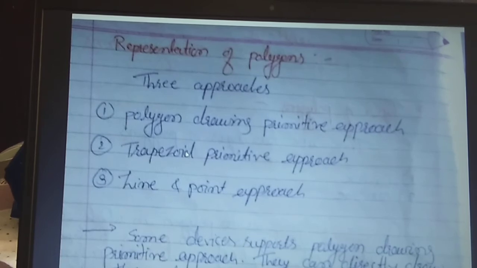Now some graphics devices provide trapezoid primitives. Trapezoid primitives means polygons are imaged or drawn in the form of trapezoids. Trapezoids are formed by using 2 scan lines and 2 line segments.